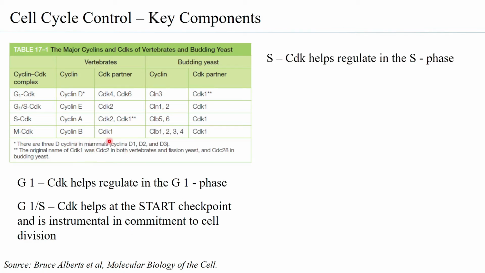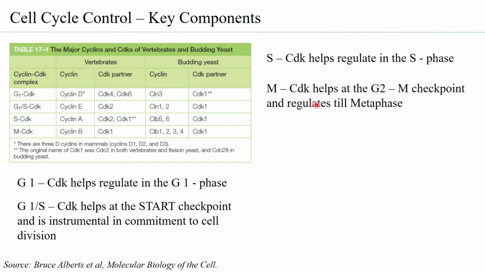Then you have the SCDK that binds to the cyclin A that binds to CDK2, CDK1 to form SCDK, and that helps regulate in the S phase. Then you have MCDK helping at the G2M checkpoint, and that regulates till metaphase. After this stage, you don't have the cyclins and CDKs playing the role.